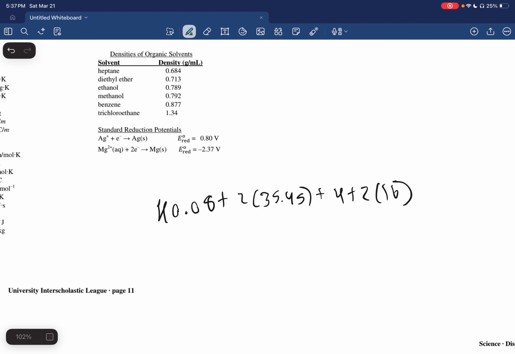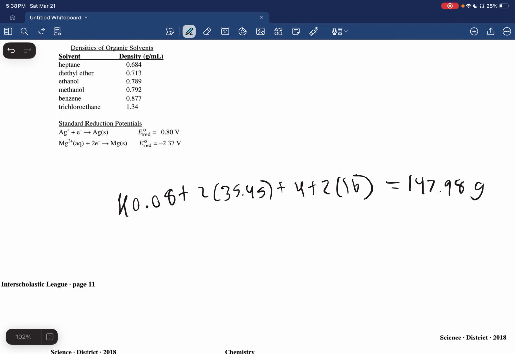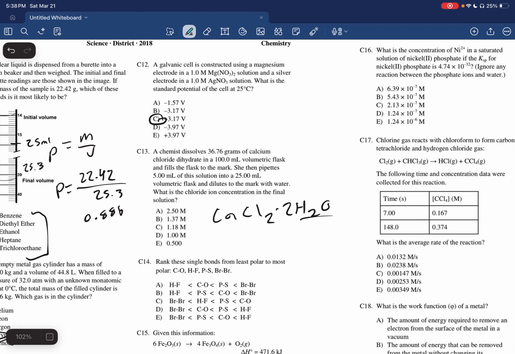And let's go ahead and put this in the calculator. And that'll give us a molar mass of 147.98 grams, actually. And so now we need to find how many moles we have.